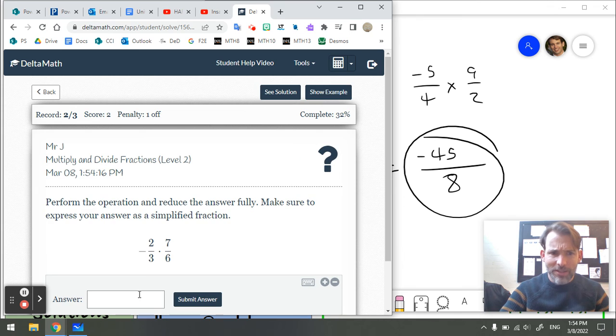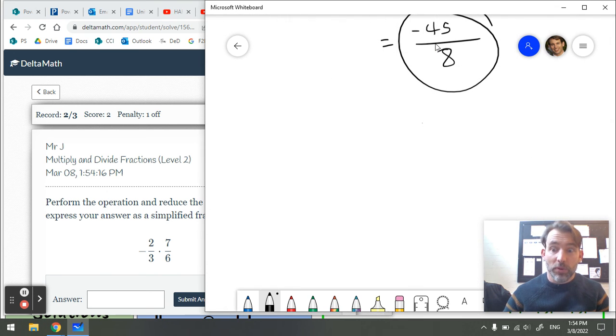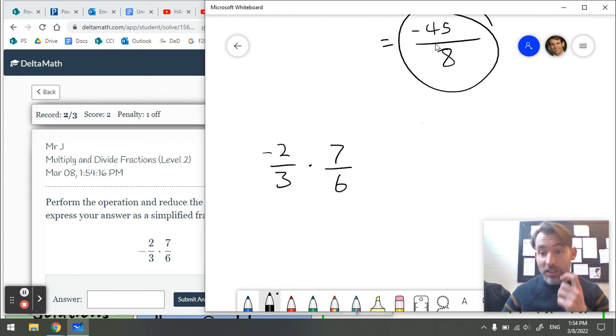I haven't seen any that cancel yet, so here we go. This one has some canceling that we can do. What's one problem? We have here minus 2/3 times 7/6. Do 2 and 6 share a factor? So if I just do top times top over bottom times bottom, I get negative 14 over 18, which is true, but is not reduced.